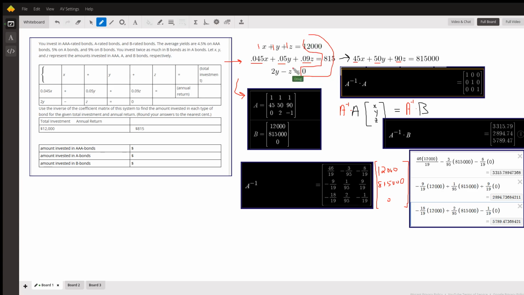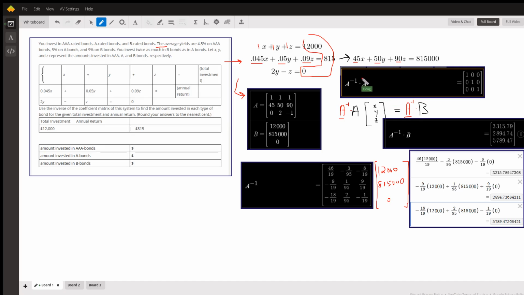And for the technique that's suggested here, we multiply both sides of this equation, where A times the matrix xyz equals B, by A inverse.